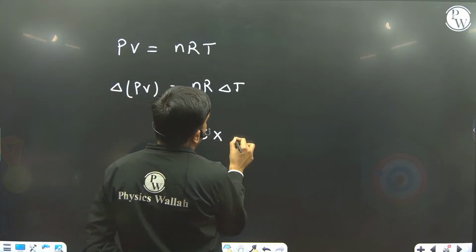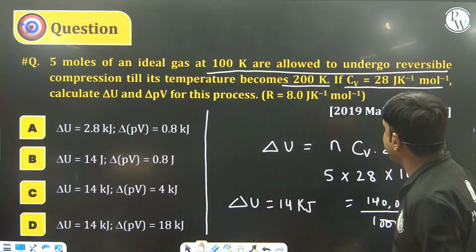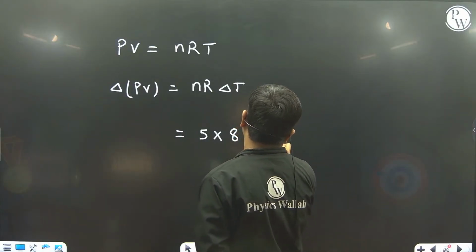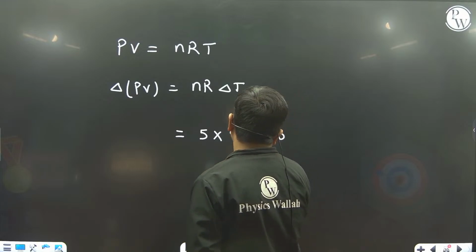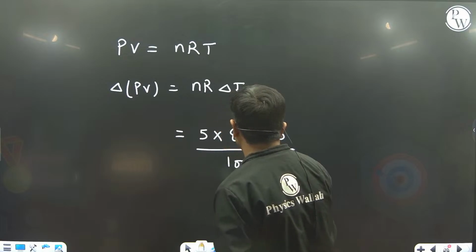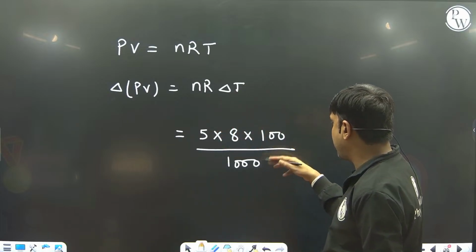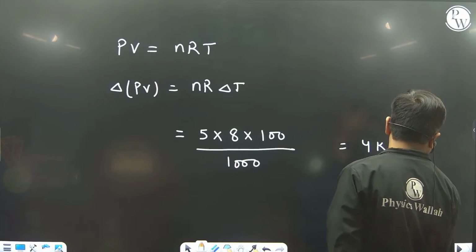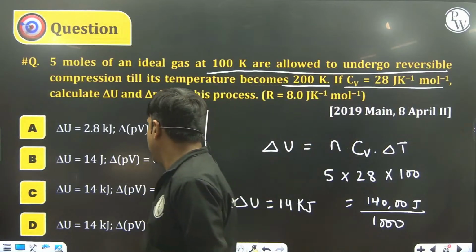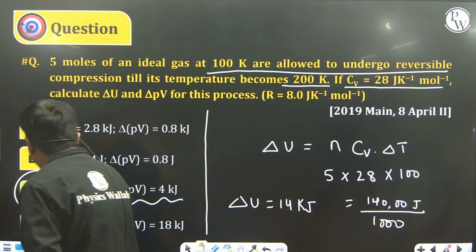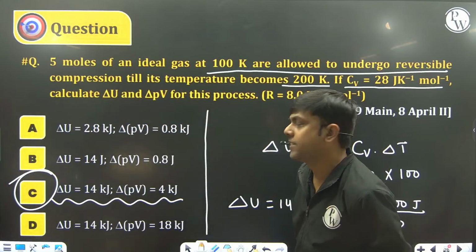R I am taking as 8, yes. And delta T is 100. So 40 into 100, 4000 divided by 1000 in terms of kilojoules. So it's 4 kilojoule. Delta of PV is 4 kilojoule and delta U is 14 kilojoule. That will be your right key.